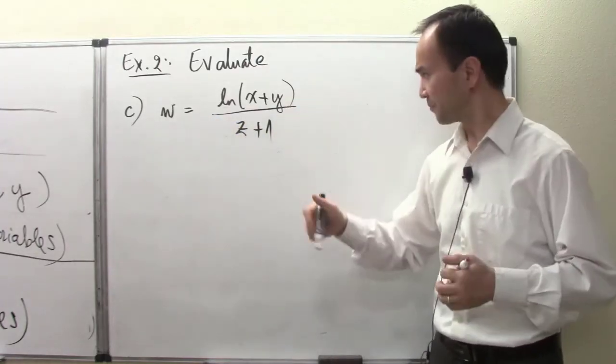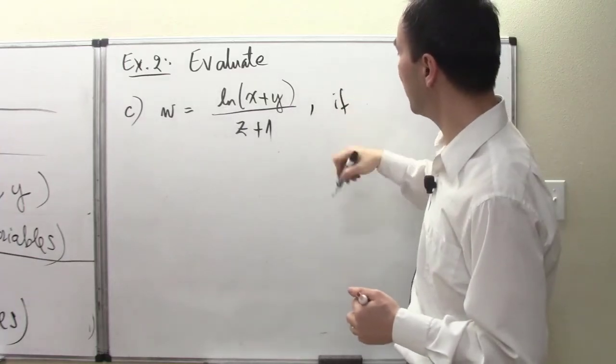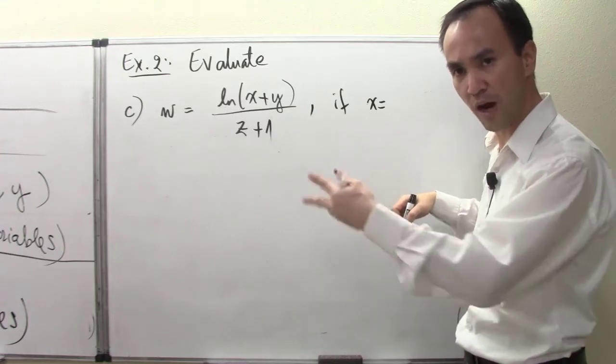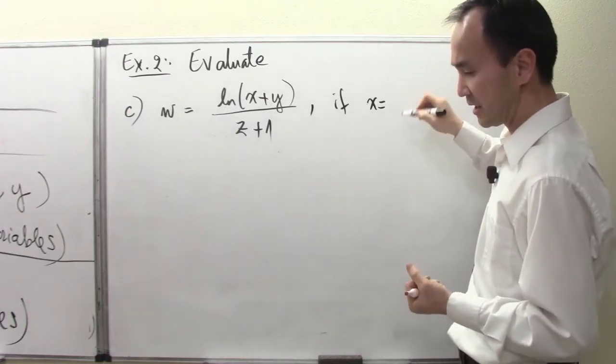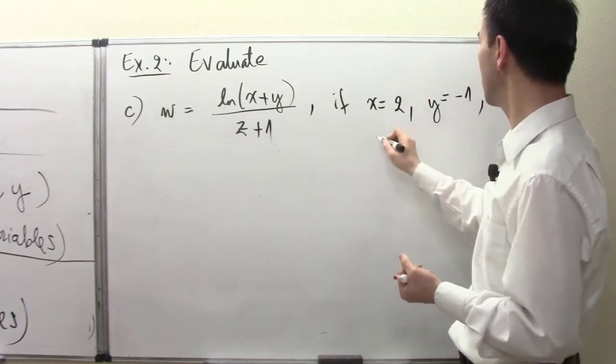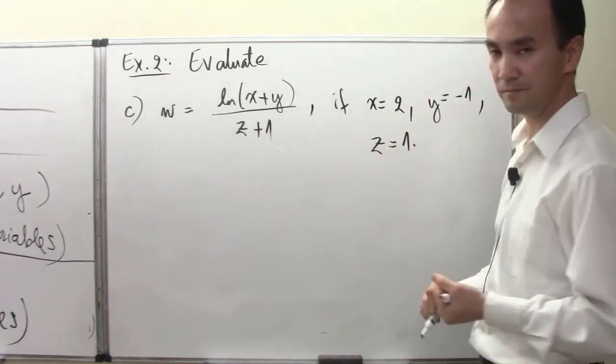So it's a function. In order to evaluate that, we need a given value for x, y, and z. So x here is 2, y is given to be -1, and z equals 1.